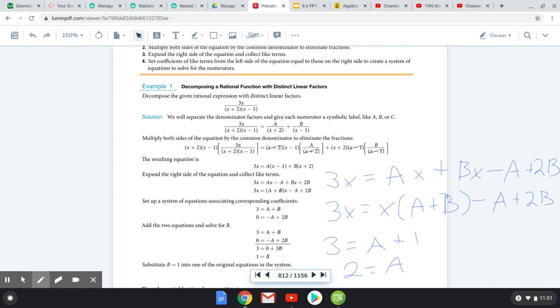So my answer is 2 over x plus 2 plus negative 1, or you could just do minus 1 over x minus 1. Oh, B equaled positive 1, not negative 1. Sorry, my bad.